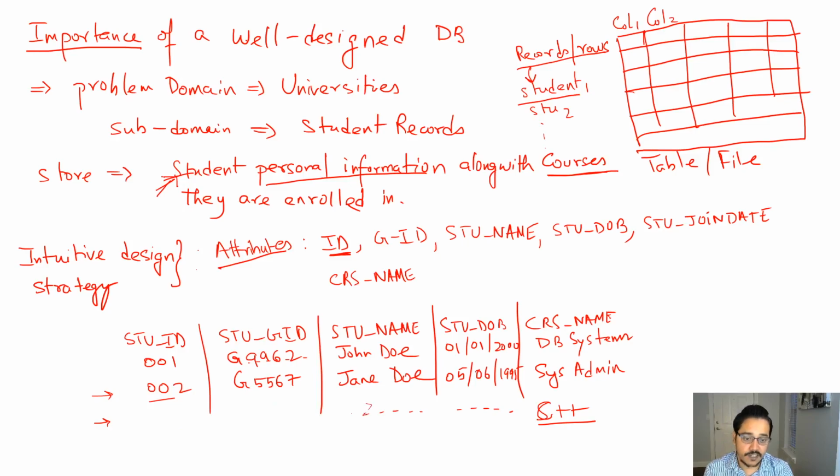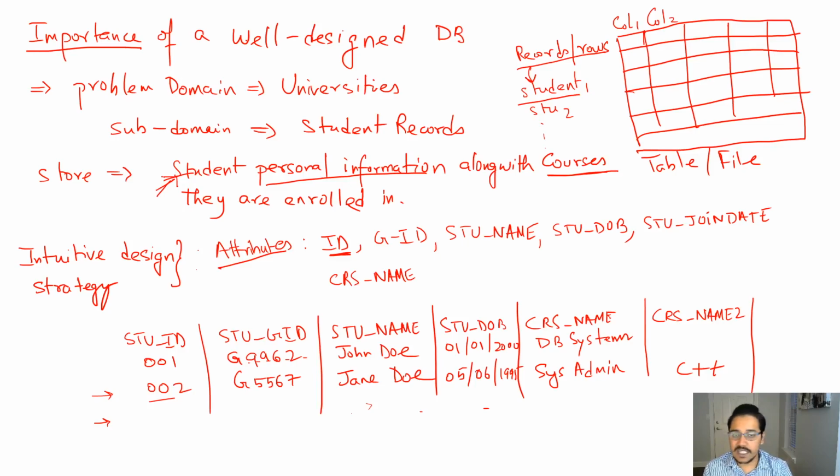So what is the other option? To prevent any kind of duplication of the student ID, we can have another column and we can call it course name 2, right? And here we can add C++.